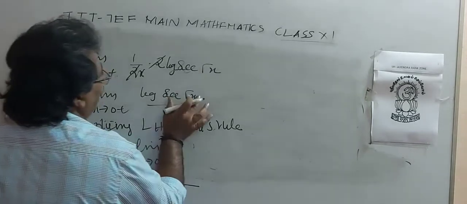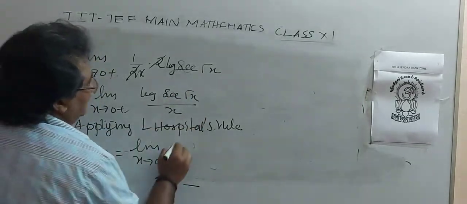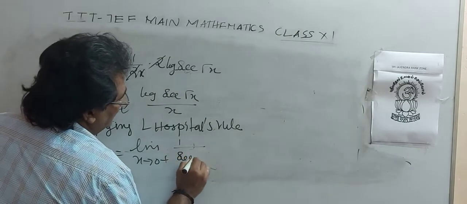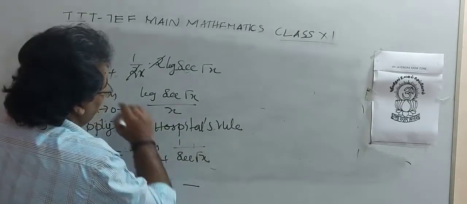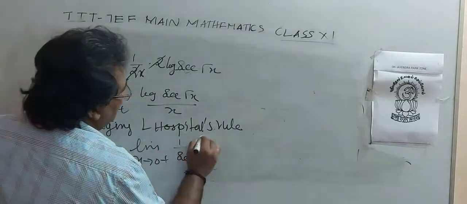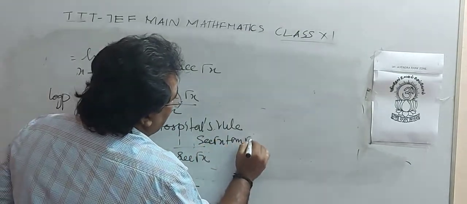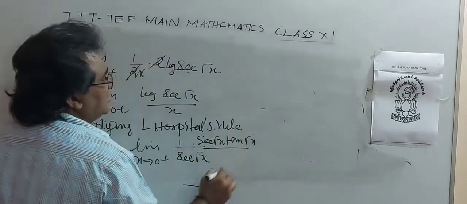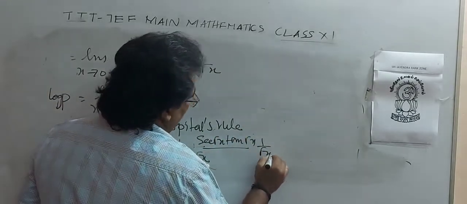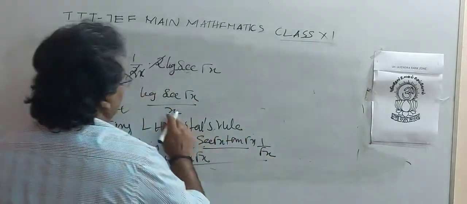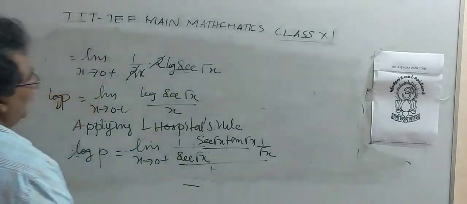Differentiating log of secant root x gives 1 by secant root x, and further differentiating secant root x gives secant root x into tan root x, and for root x the answer is 1 by 2 root x. If you differentiate the denominator, the answer will be 1.